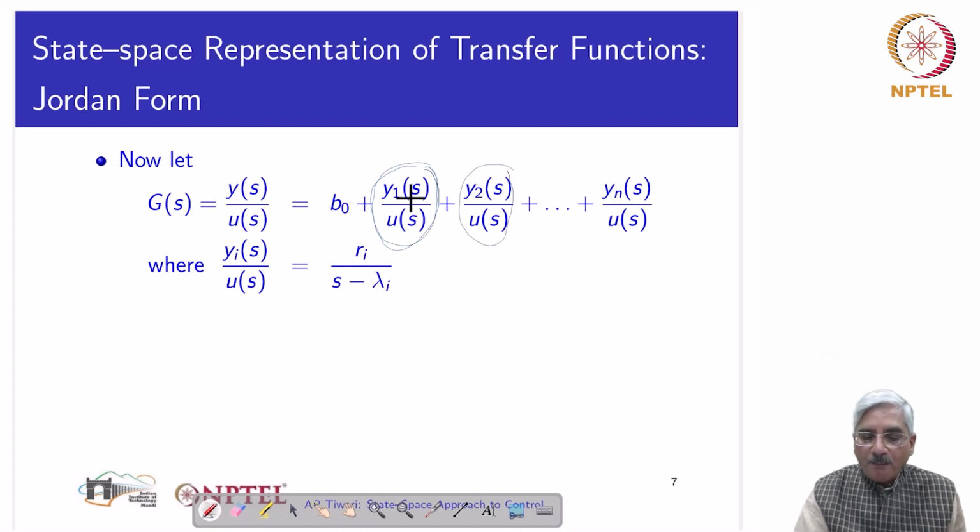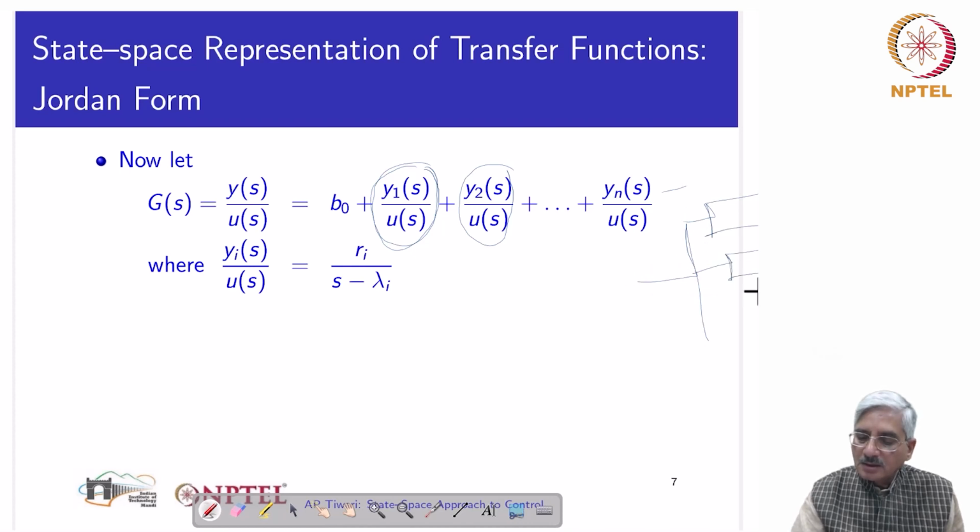So they are parallel subsystems giving outputs y1, y2, etc. up to yn, and all have the same input, something like this. This is the one, this is the other, and so on. This is the last one. This output is y1, this output is y2, and so on. This output is yn. All receive the same input U(s).